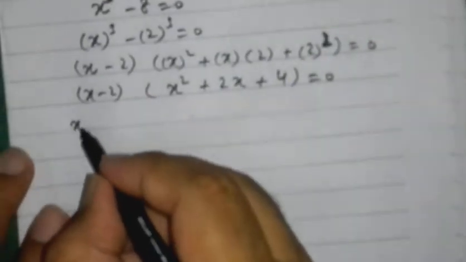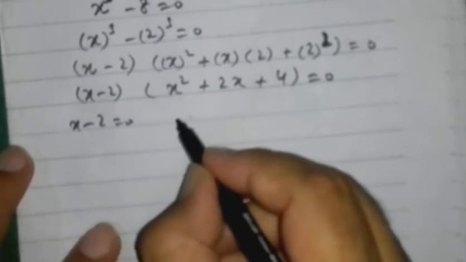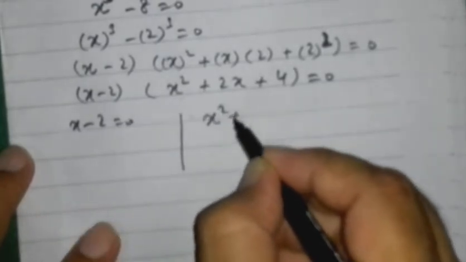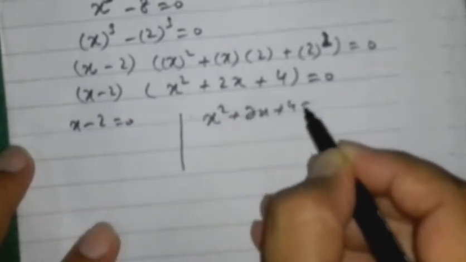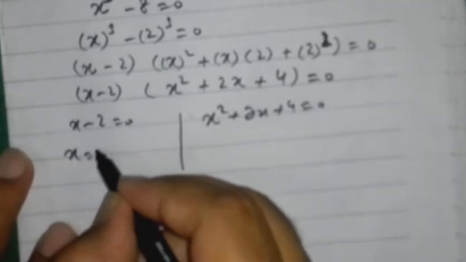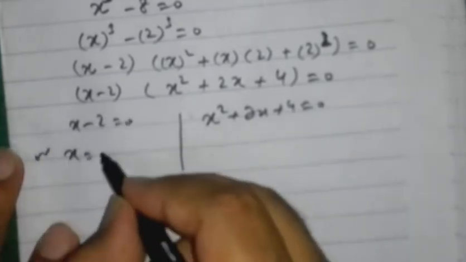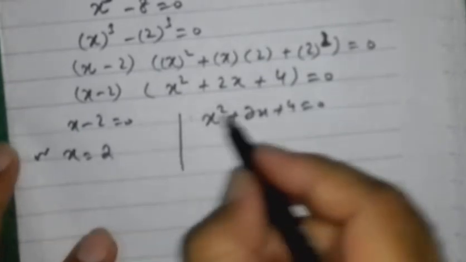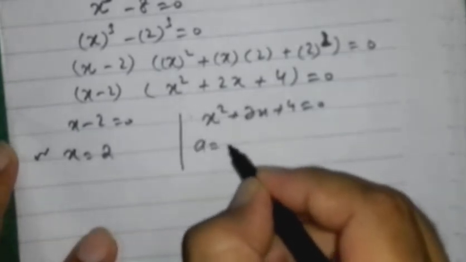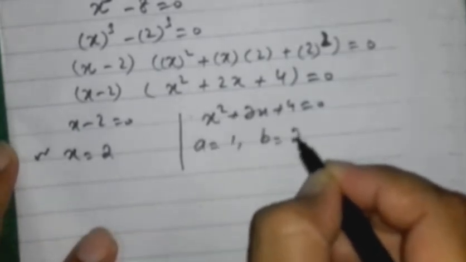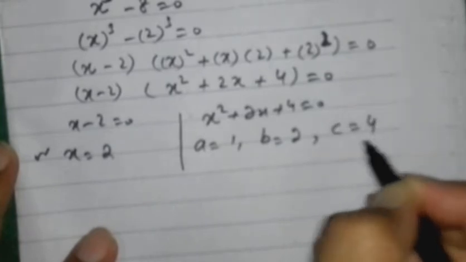Now take x minus 2 equals 0 and x square plus 2x plus 4 equals 0. x equals 2, shift 2 to the right side, and here the a value is 1, the b value is 2 and the c value is 4.